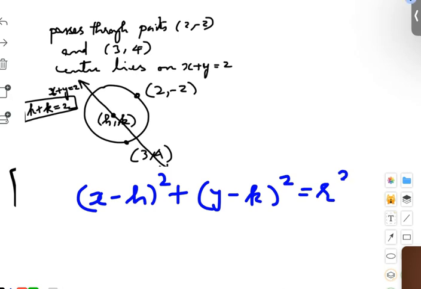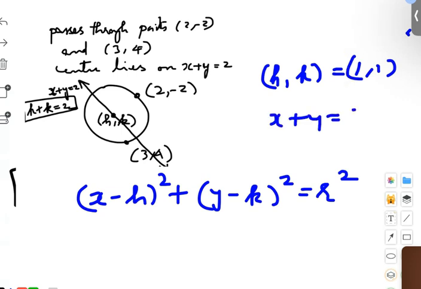Somebody was asking for a doubt. Yes, tell me. How is h plus k equals 2, how is x plus y equals 2? Okay, good question. If h comma k is 1 comma 1, say x plus y is equal to 2.